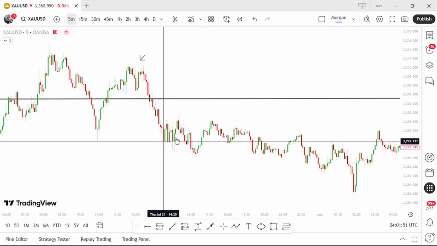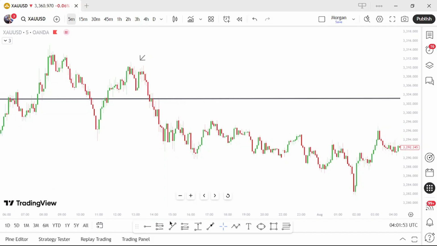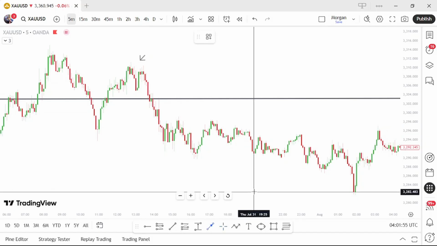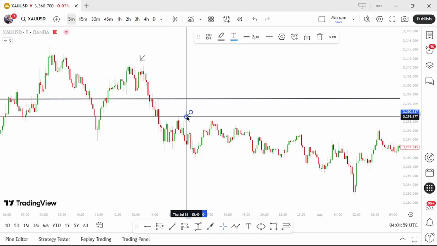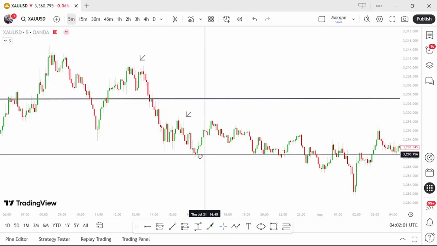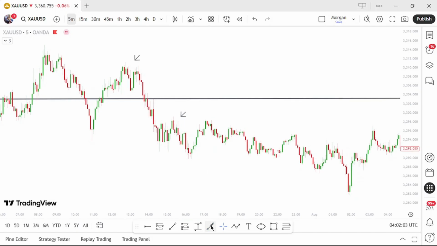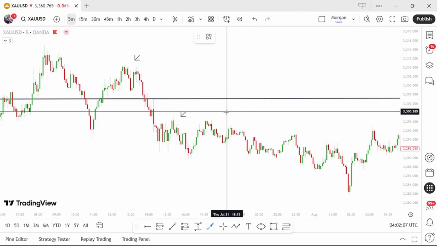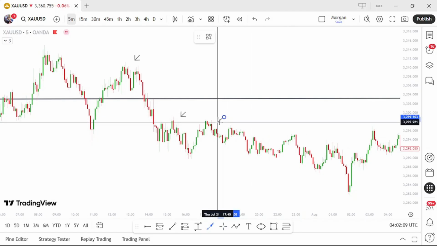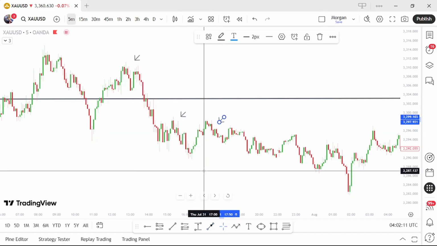So after price made this low, let's say price makes this high here, then makes a new low. Then price comes again and makes, I would say, another high, respecting previous highs.